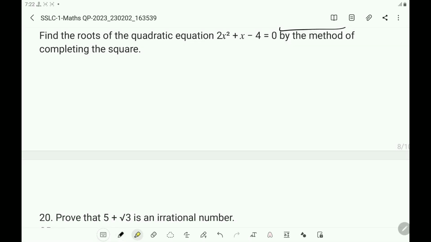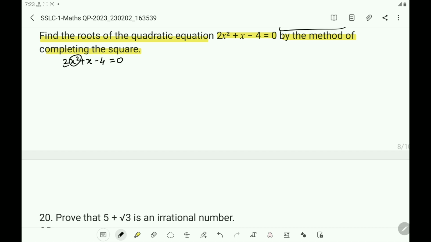Now you take the OR question. What is that OR question? Find the roots of the quadratic equation 2x square plus x minus 4 equals 0 by the method of completing the square. Now you take the quadratic equation, 2x square plus x minus 4 equals 0. Here, what is the coefficient of x square?